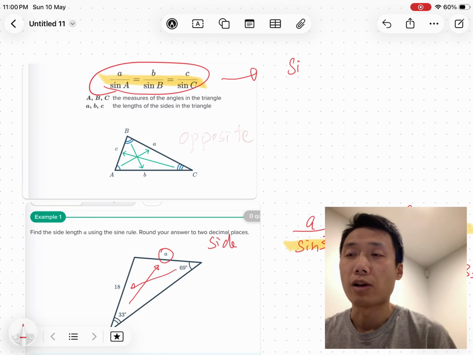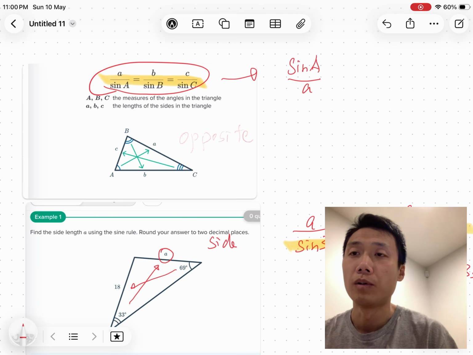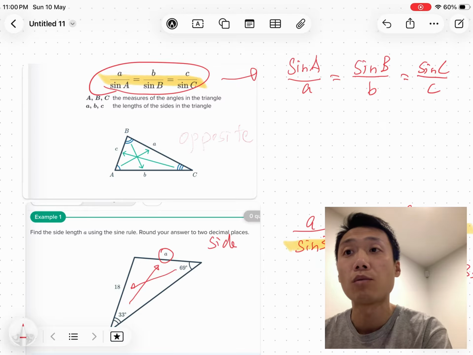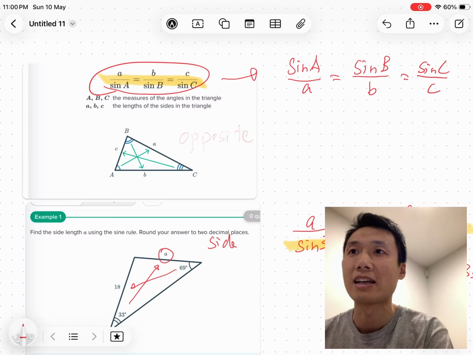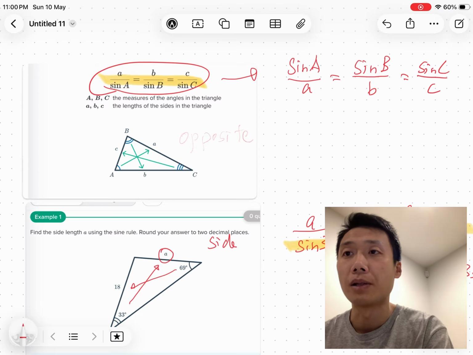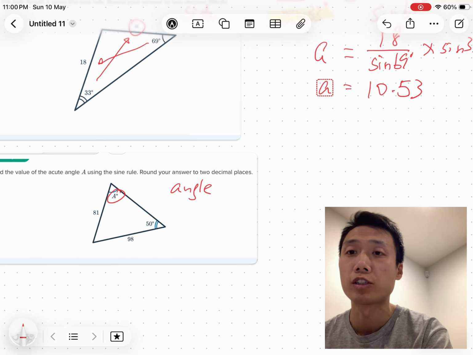This time we write it in another form, where we put the sine ratios on top and the opposite side values down on the denominator. So they will be the same once we write it correspondingly: sine ratio on top, the values of the sides down below in the denominator, and their ratios will be equal.